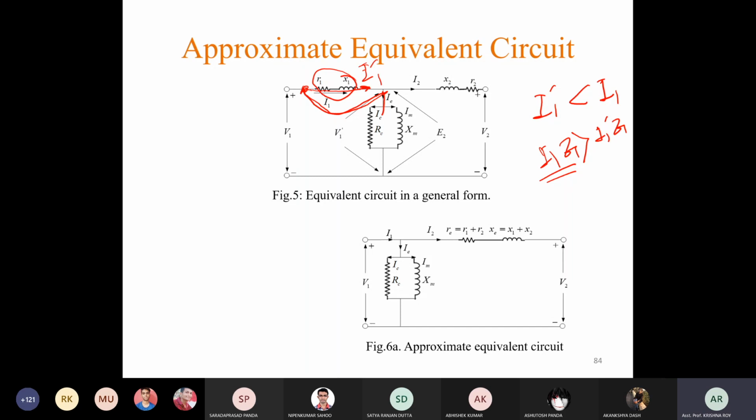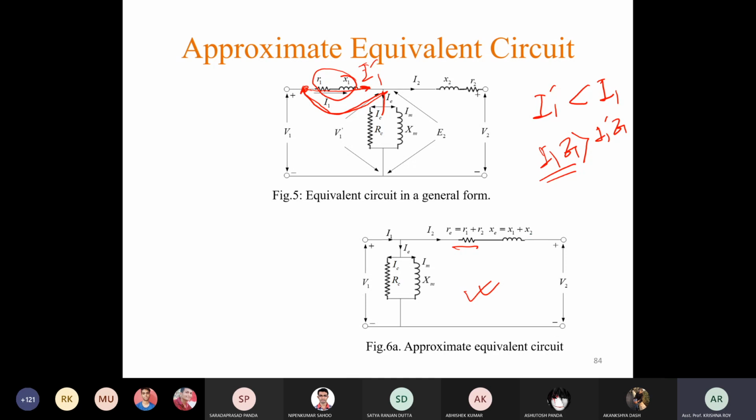In doing that, we get this circuit where we can represent the two winding resistances together by only one resistance, which is Re, the equivalent resistance, equal to R1 plus R2, and Xe, the equivalent leakage reactance, equal to X1 plus X2.